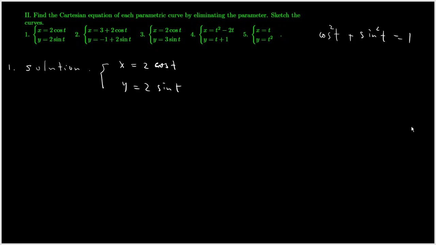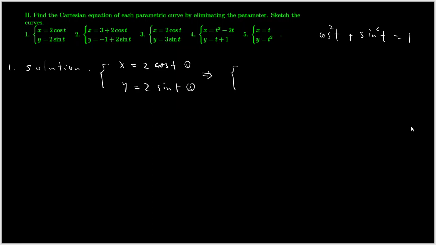If you are not given a restriction on t, then we treat t as able to take any real number. I'll call these two equations equation 1 and equation 2.